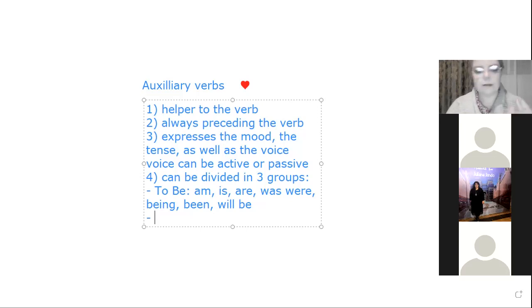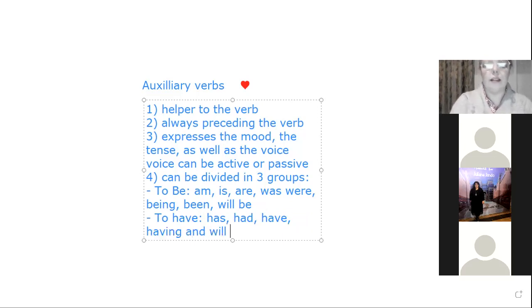Next one is to have. That shows possession. Have is has, had, have, having, and will have. And the last one is to do.